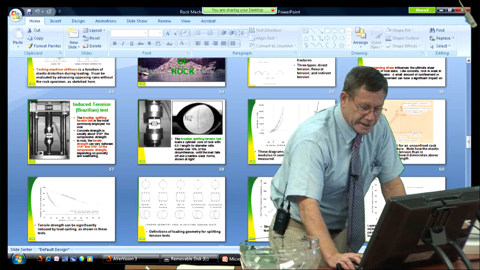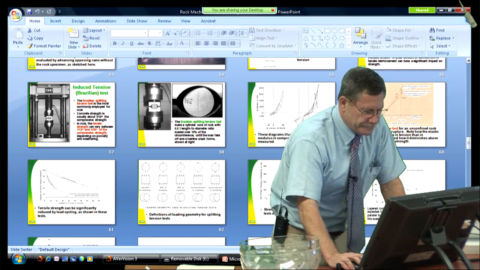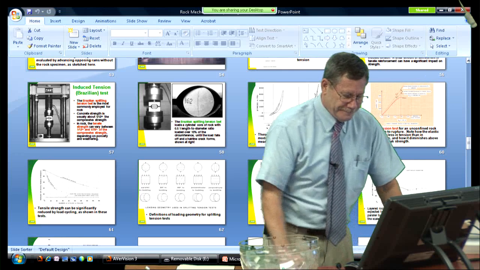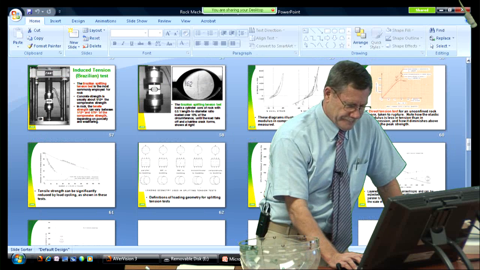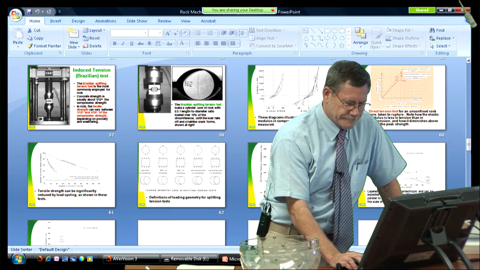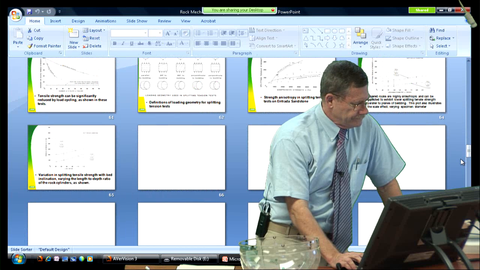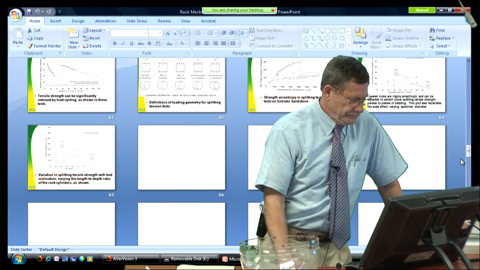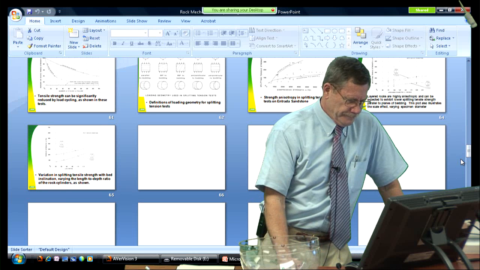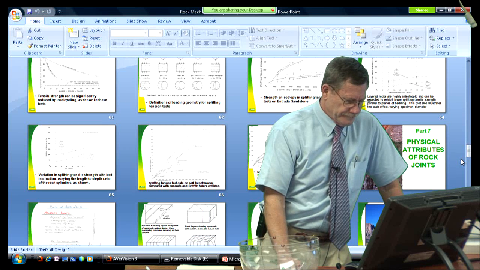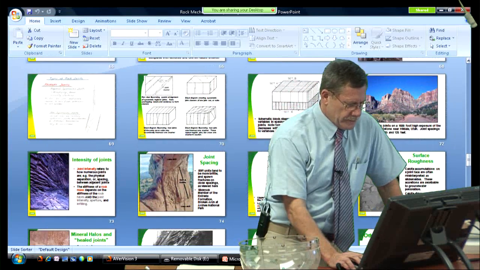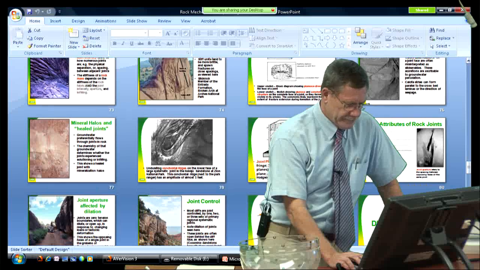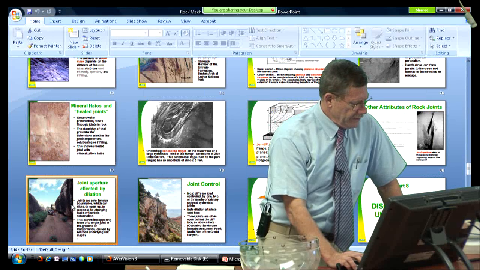Wow, it's a big file. Got all the way down through this. Okay. I think we got to right here.